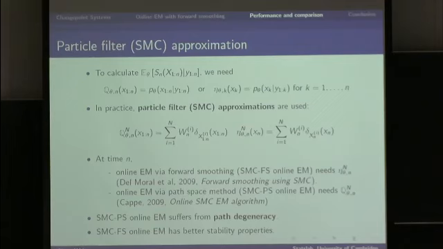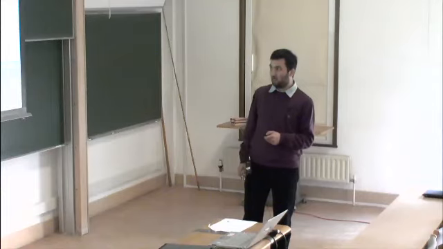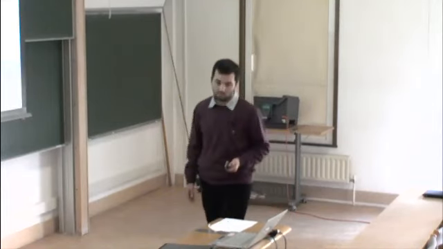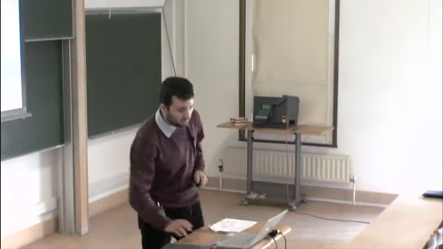So at time n, I'm just going to finish 2 slides. At time n, online EM via forward smoothing needs only the filtering density approximation, and the path space method needs the path space approximation. Therefore, the path space method suffers from path degeneracy.